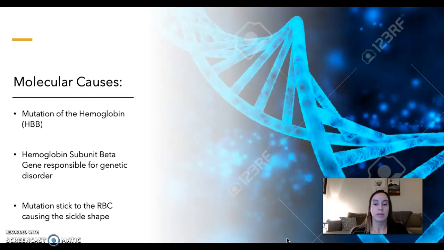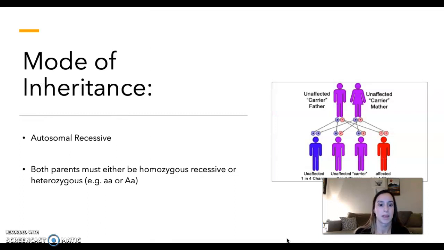The hemoglobin subunit beta gene is responsible for the genetic disorder. The mutation causes the hemoglobin to stick together inside the red blood cells, which ultimately causes the sickle shape. As I stated earlier in this presentation, the mode of inheritance is autosomal recessive, so both parents must be either homozygous recessive or heterozygous.